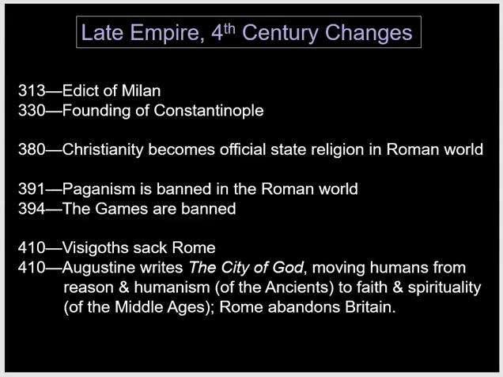In this text, Augustine moves us away from reason toward faith by claiming that, don't you worry about what happens to the world down here. It doesn't matter. What you need to care about is the city of God.